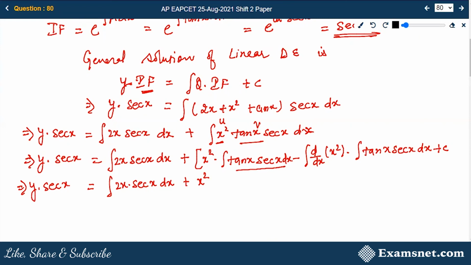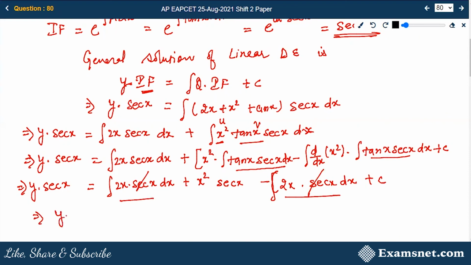It is secant x, minus the derivative of x square, which is 2x, into secant x dx, plus c. See, these two terms will cancel. You will have y into secant x is equal to x square secant x plus c.